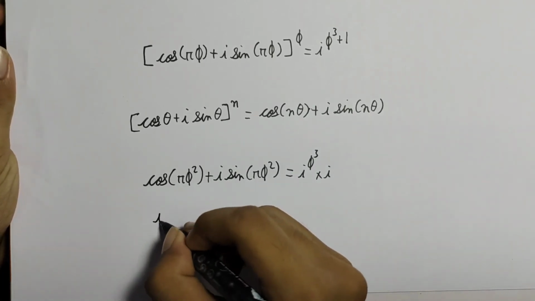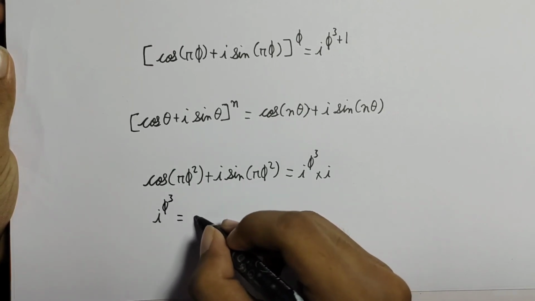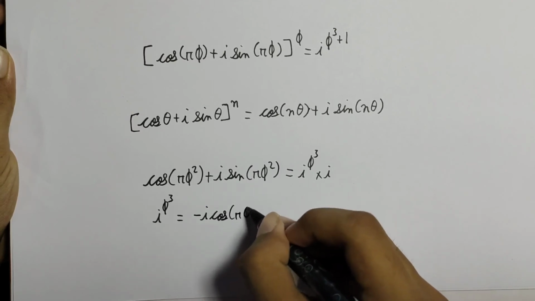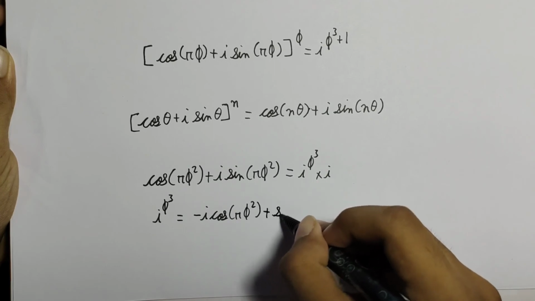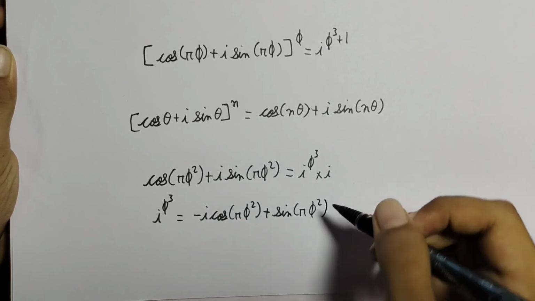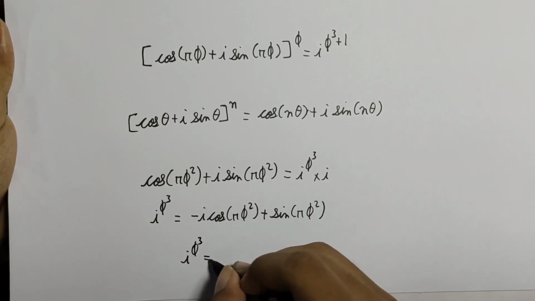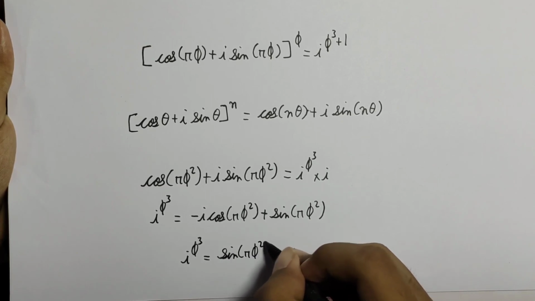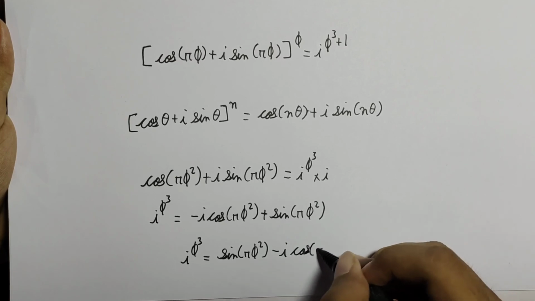So i to the φ cube is equal to minus i cos of πφ square plus sin of πφ square. Hence we have proved that i to the φ cube is equal to sin of πφ square minus i cos of πφ square.